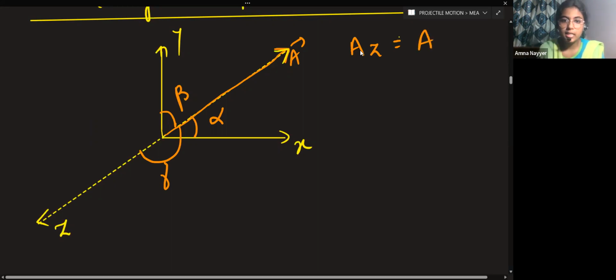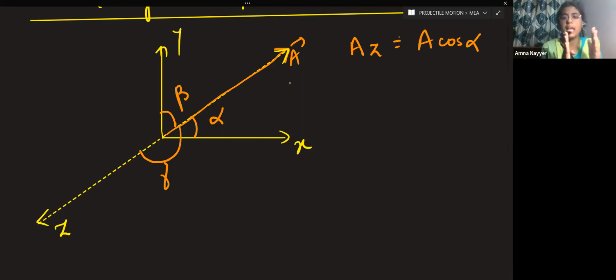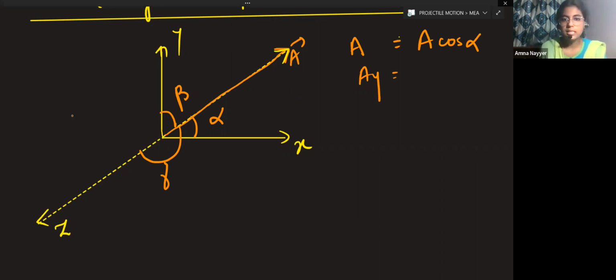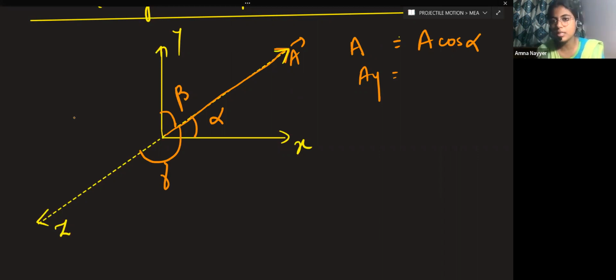Fine. This way. Now, a few things you have to remember. AX is A cos alpha, since alpha is made with the x-axis. AY is A cos beta.